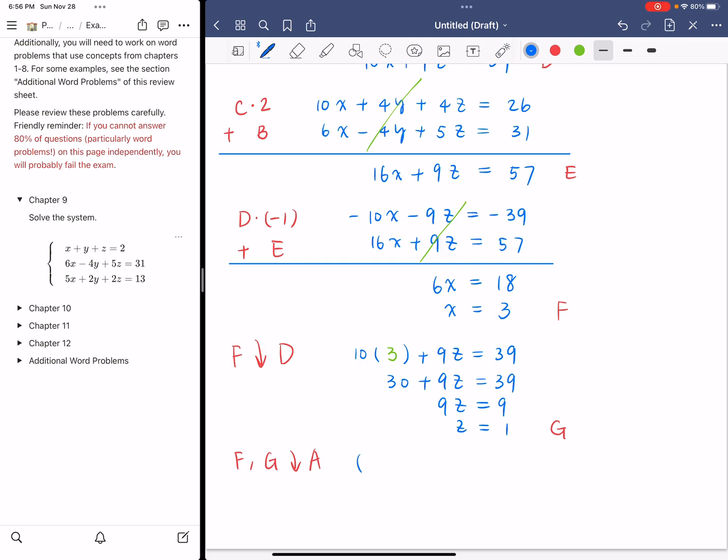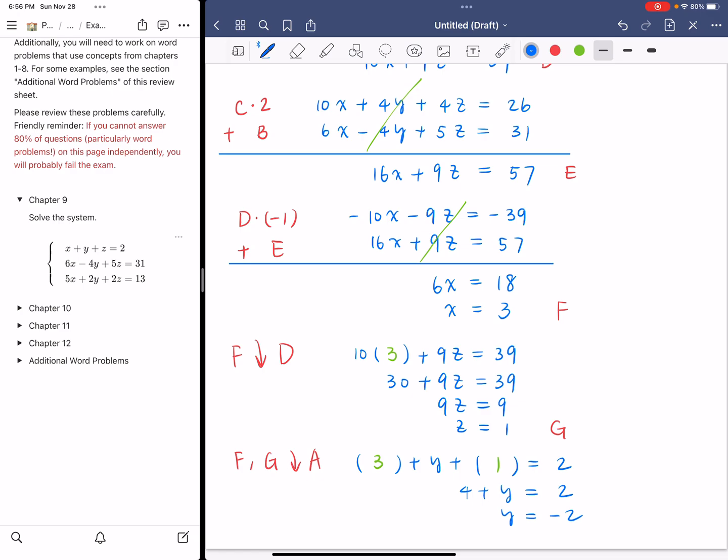So you have grouping symbol plus y plus grouping symbol equals 2. And then inside the grouping symbol, plug in the values of x and z. X is 3, z is 1. If you calculate, on the left-hand side, it's 4 plus y. On the right-hand side, it's 2. Subtract 4 from both sides, so y will be negative 2.